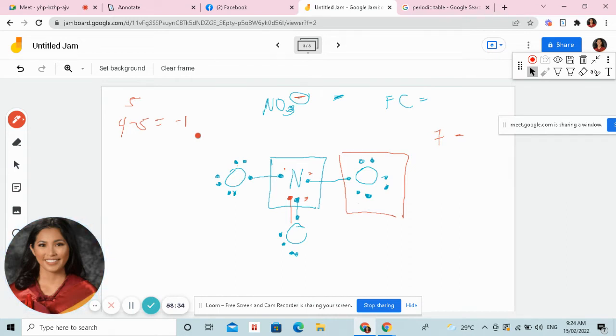It's the valence electrons first. So we have valence electrons 6 minus 7, that is equal to negative 1. In the nitrogen case, 5 minus 4, that is equal to positive 1.